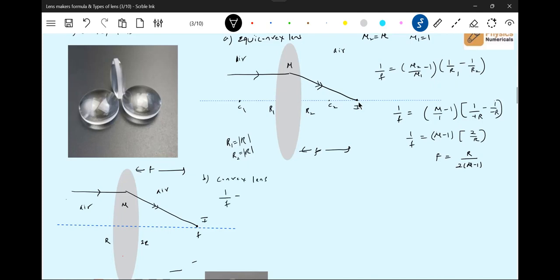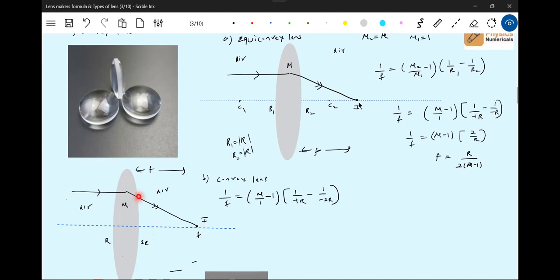How to calculate the focal length? This will be mu minus 1 times 1 by plus R minus of minus 2R. Why should it be like this? Because what is R1? The incident ray on the first surface on which it strikes. The incident ray will strike this surface first, so the radius of curvature of this has to be taken as R1.